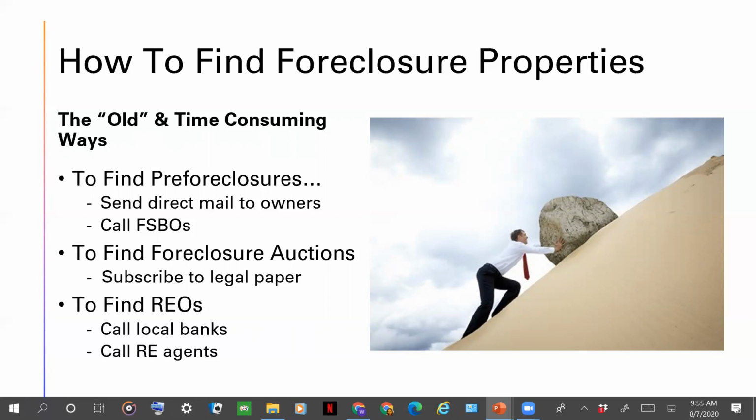And then you look at each and every foreclosure auction to find what properties are being auctioned off. And then you go to the county, during the sheriff sale auction, and hope that you get a good deal. So it's very time consuming to browse through all of that, especially manually, right?